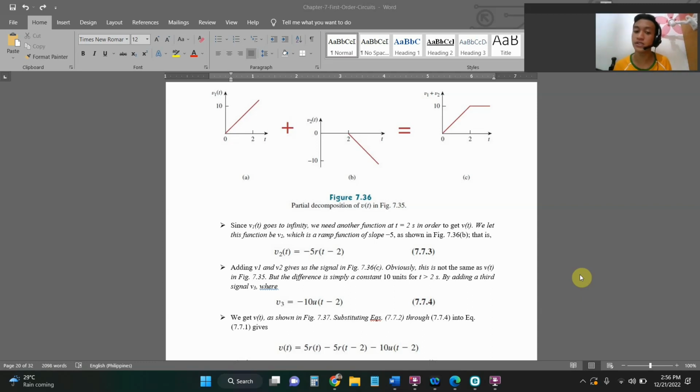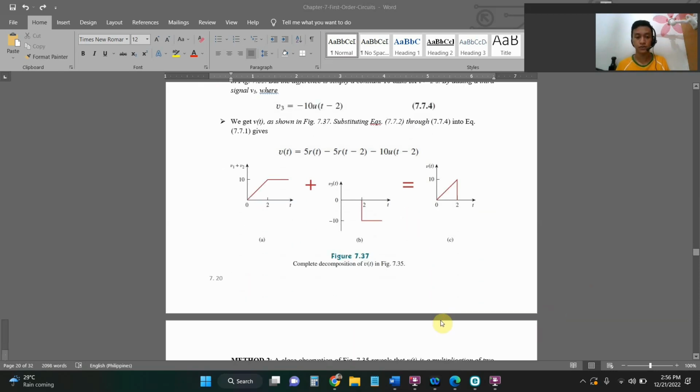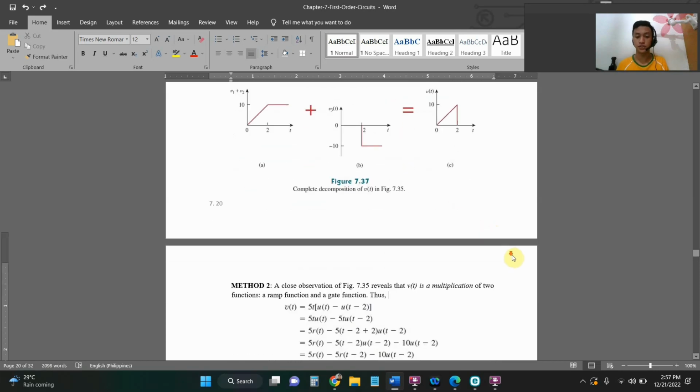Substituting equations 7.7.2 through 7.7.4 into equation 7.7.1, we get v(t) equal to r(t) - 5r(t-2) - 10u(t-2). So this is what we call the complete decomposition.